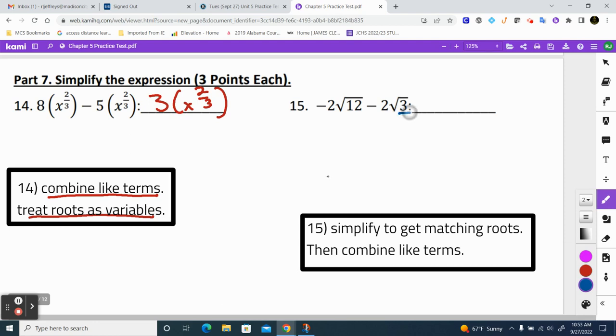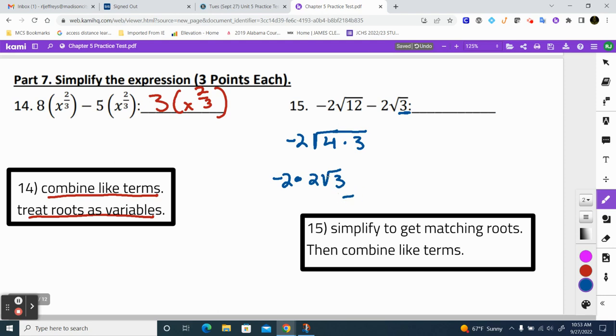All right, look, as I said in class, you can go back and look at the film. This is actually divisible in here. What is 12 divided by 3? 4. What is the square root of 4? Yeah, 2.